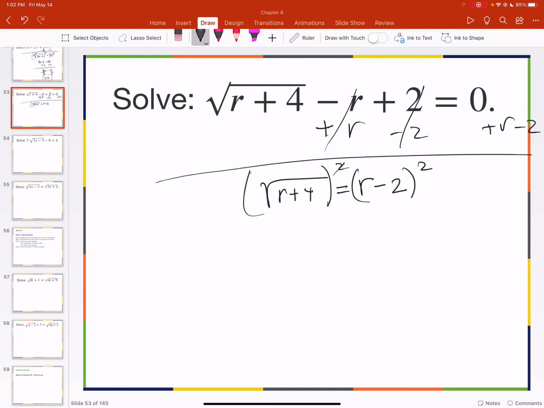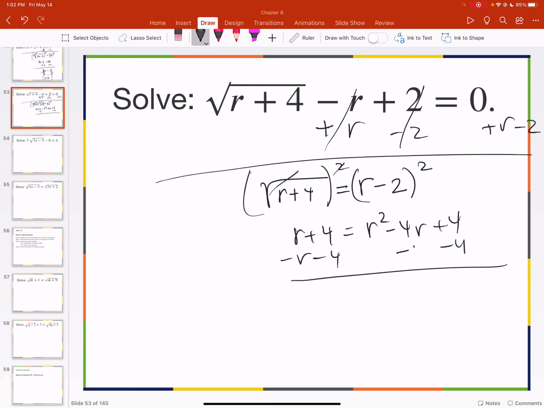Square both sides. You get r plus 4 is equal to r squared minus 4r plus 4. I used the perfect square. So subtract 4 from both sides, and subtract r from both sides. We get 0 is equal to r squared minus 5r, and that's it.